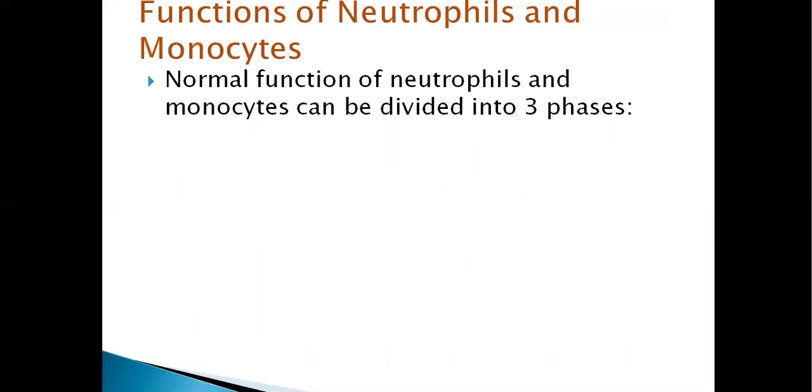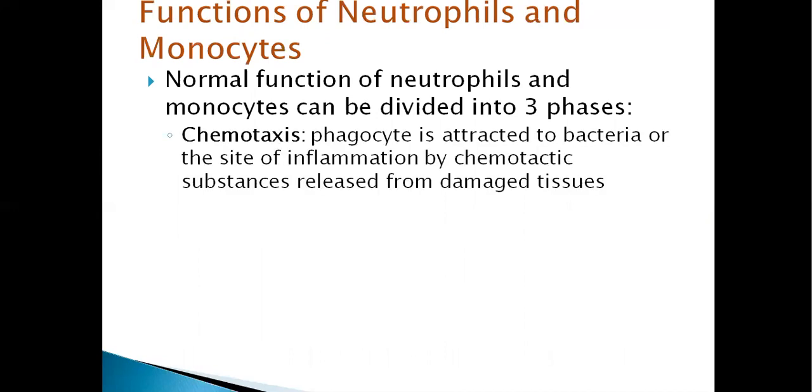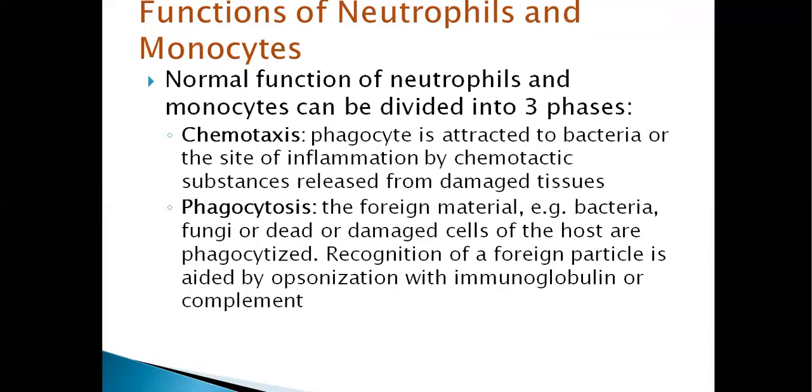The normal function of neutrophil and monocyte can be divided into three phases. Chemotaxis: phagocytes are attracted to the bacteria or the site of inflammation by chemotactic substances released from damaged tissues.